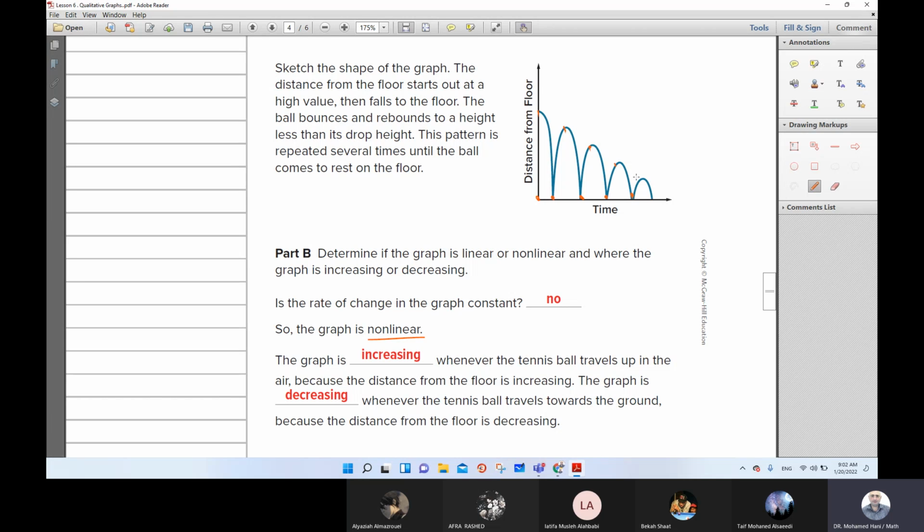We have from this point to this point, to this point, to this point. As you see, we have decreasing for the distance from the floor.